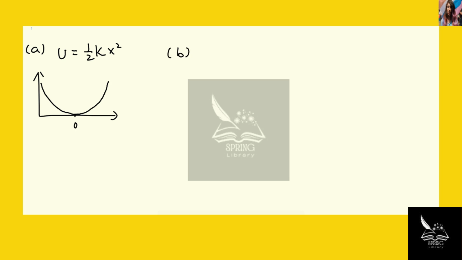For question B, what's the amplitude? So we know the total energy is the energy given in the question. So it's going to be equal to 0.14 plus 0.06, which is 0.2 joule.